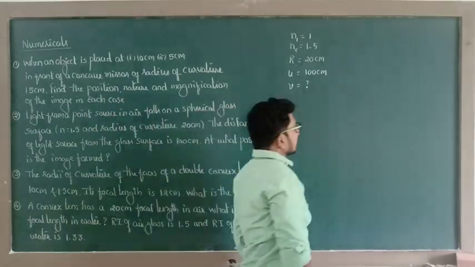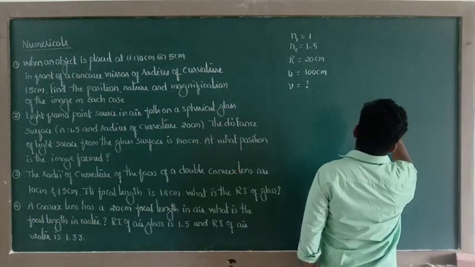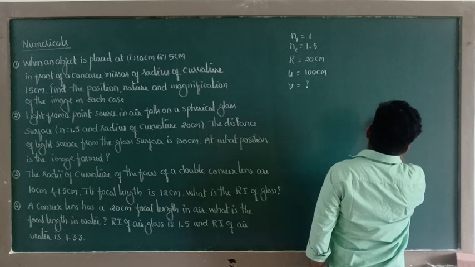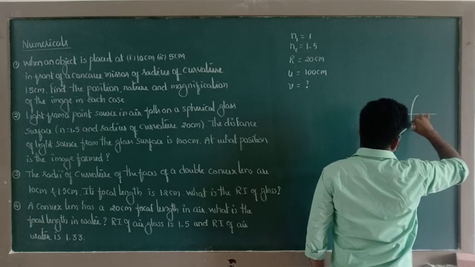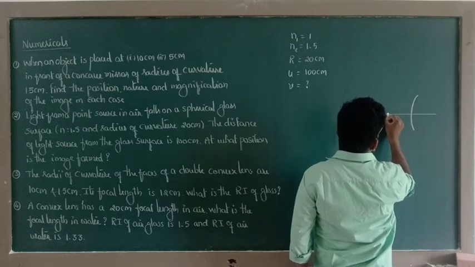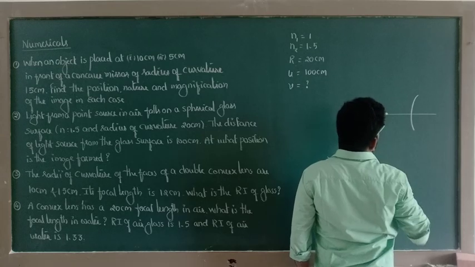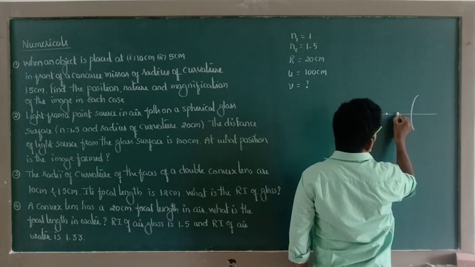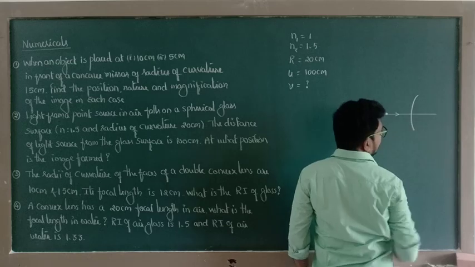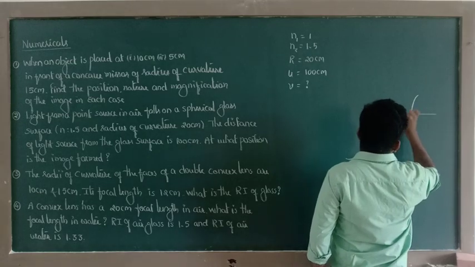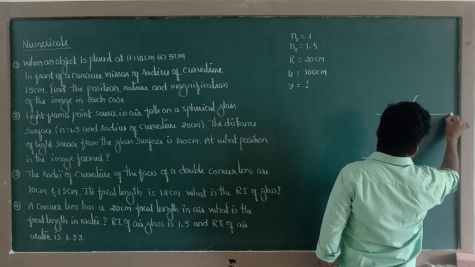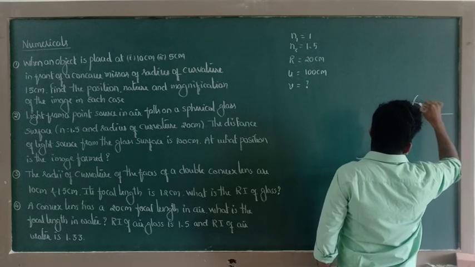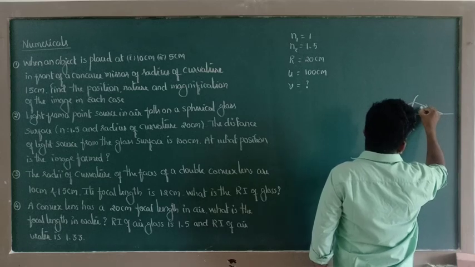Then in case of spherical surface, so this is our point source. So there is a need of two incident light rays. One incident light ray undergoes normal incidence, another light ray undergoes oblique incidence, and finally they are going to meet at some point, and that point gives position of the image.